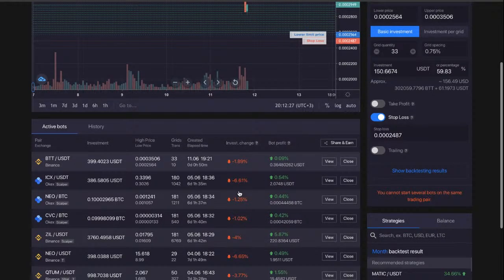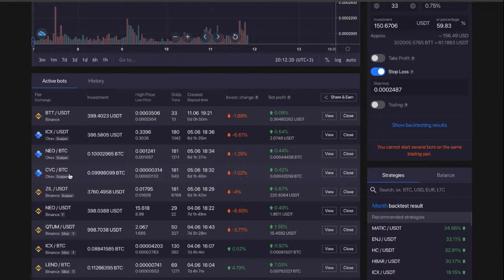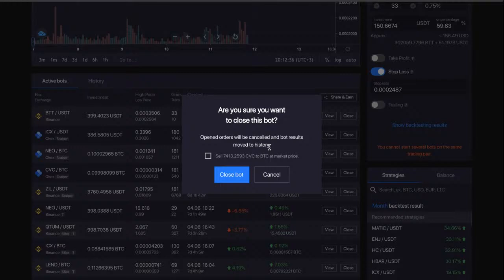And if you want to close your current trade, let's say I want to close my Civic trading to BTC, then I click on close, and here I have the option to sell my active CVC coins to BTC. If I click on this box, it's going to be a 100% exit from the market to the quote currency.